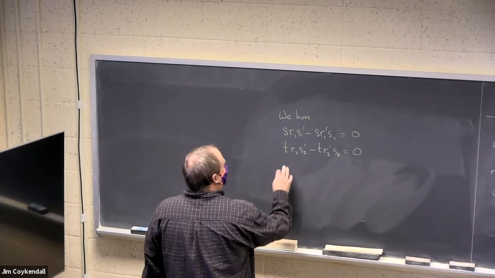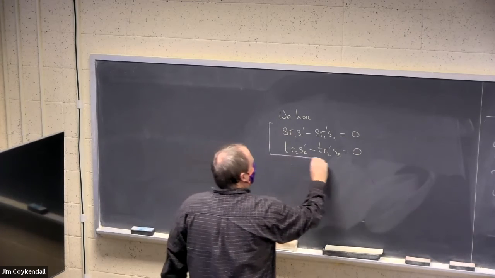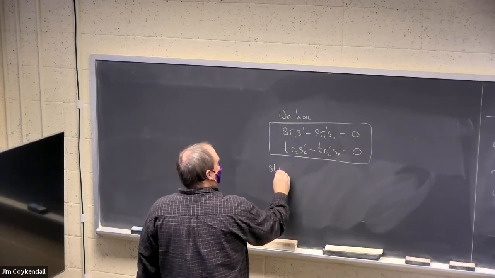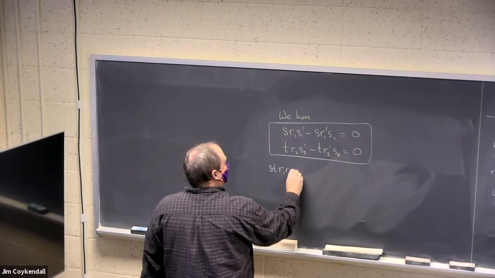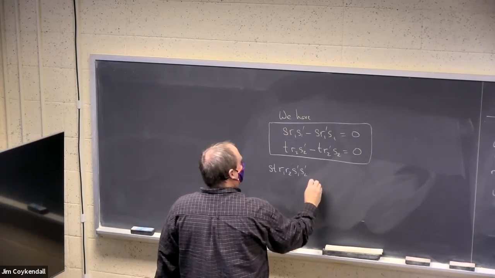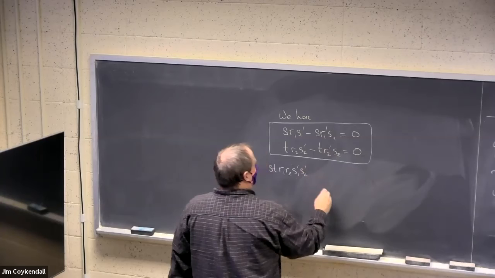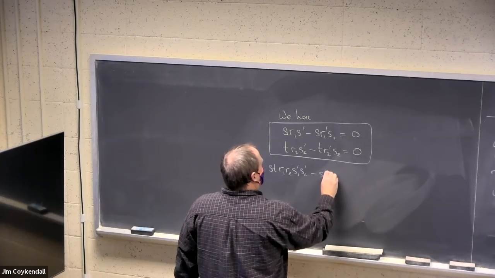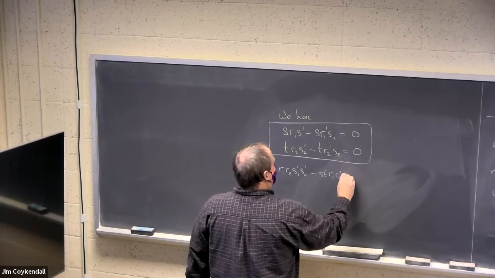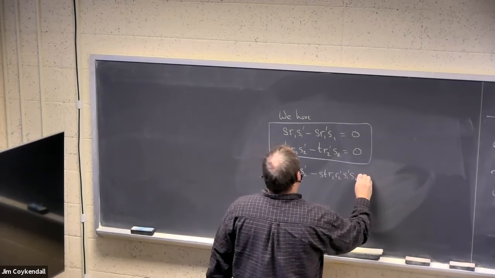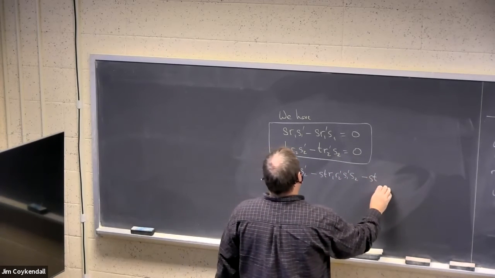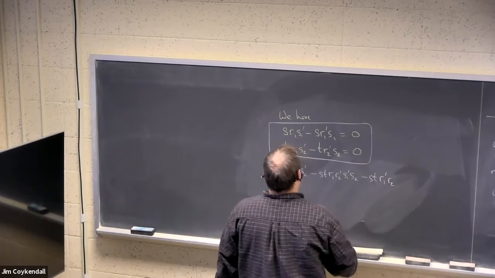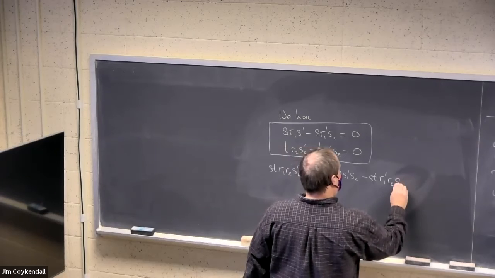If we multiply, well, let's just say I get to multiply these two. So I get ST R1, R2, S1 prime, S2 prime, and then I get this mess in the middle. I get minus ST R1, R2 prime, S1 prime, S2, minus ST R1 prime, R2, S1, S2 prime.